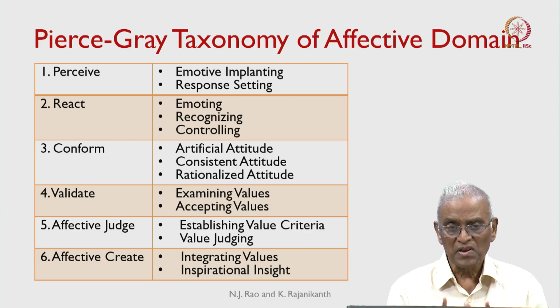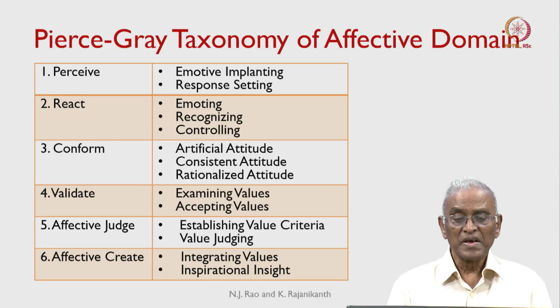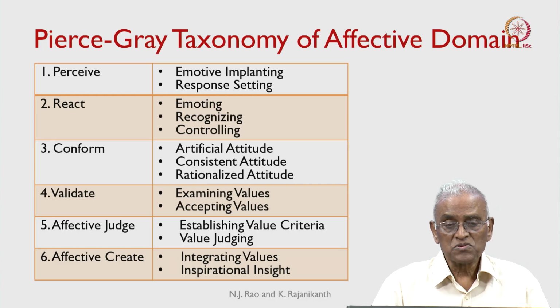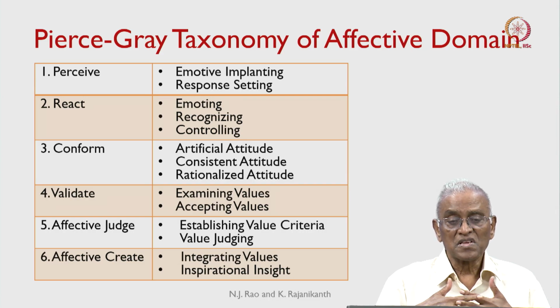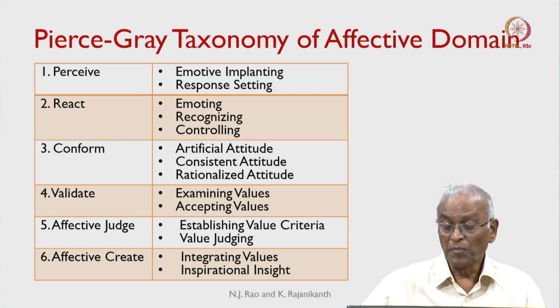You do not have to keep carrying on in a contradictory manner. And based on this, you may come up with your own inspirational insight to even propose to the community, saying that this is how things need to be done, these are the reasons for it. So these are the 6 levels of the affective domain.